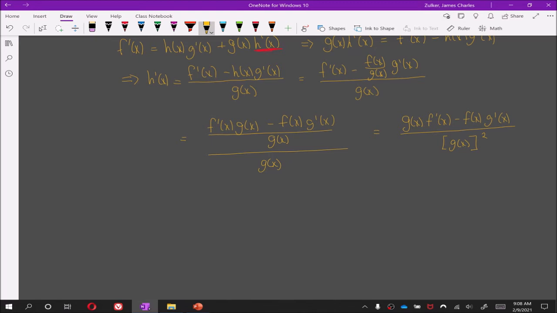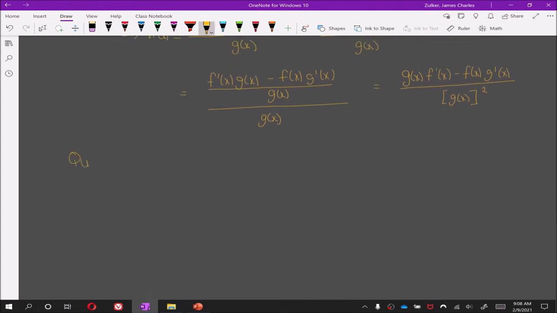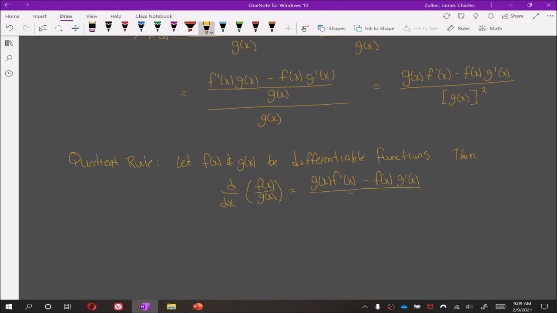So this is the quotient rule. It states that if f of x and g of x are differentiable functions, then the derivative of f of x over g of x is equal to g of x times f prime minus f of x times g prime, all over g of x squared.